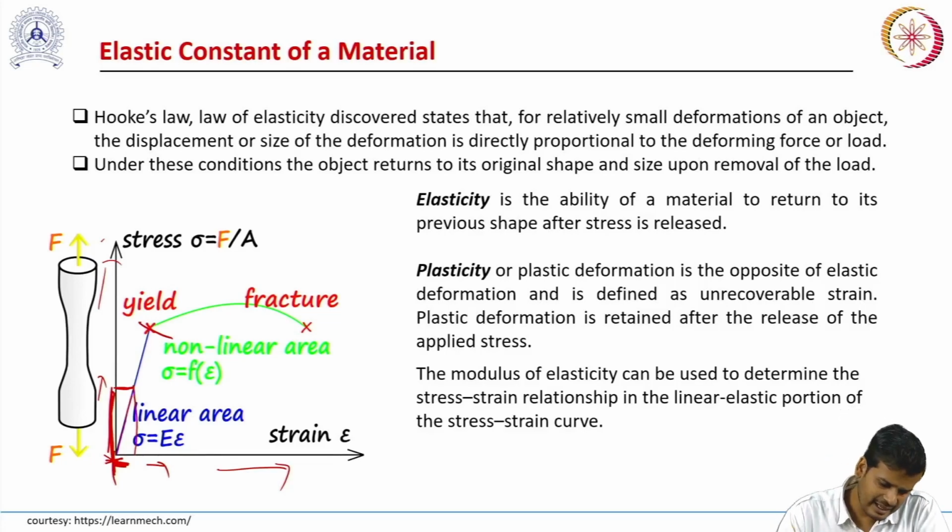This elastic deformation in the elastic limit of the body can be defined by the different moduli of elasticity. Different moduli of elasticity can be used to determine the stress and strain relationship in the linear elastic portion of the stress and strain curve.